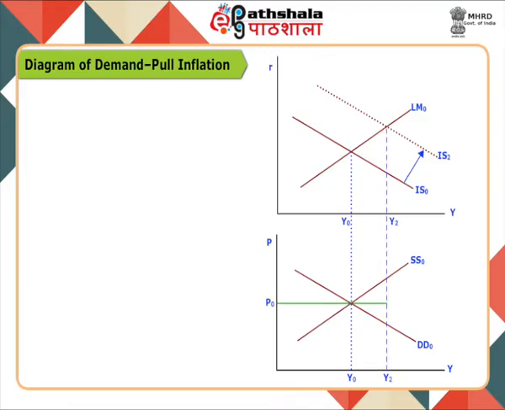output to Y2. In the lower panel of the diagram, as there is an increase in demand, the aggregate demand curve also shifts from DD0 to DD1. Now aggregate demand will move along the new demand curve DD1, and at the current price level, that is P0, the new demand would be Y2.